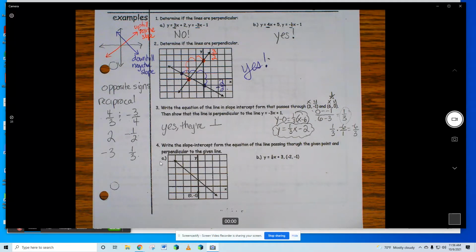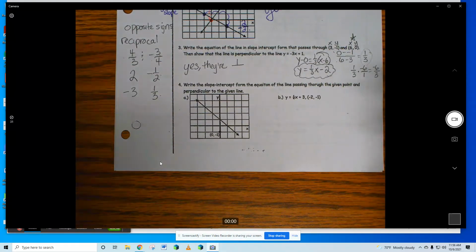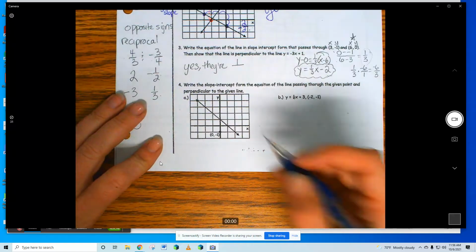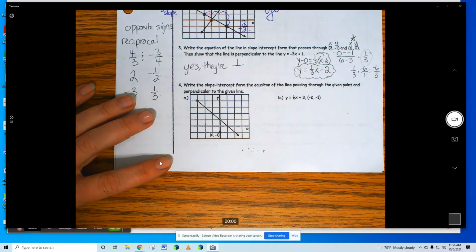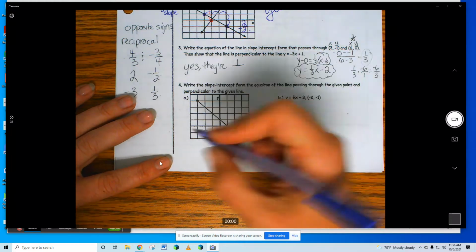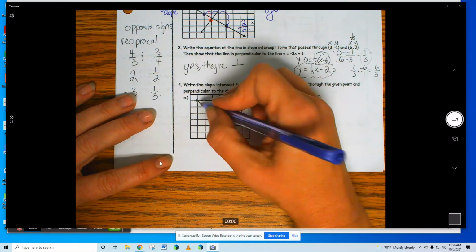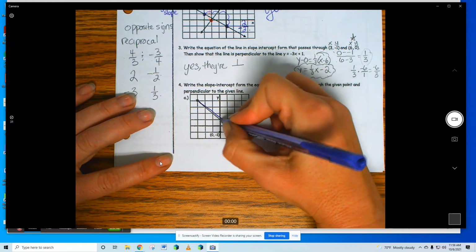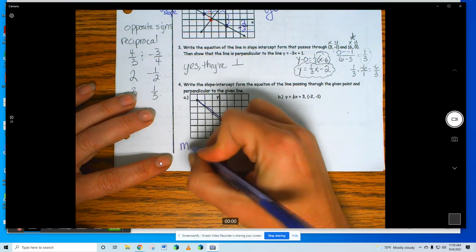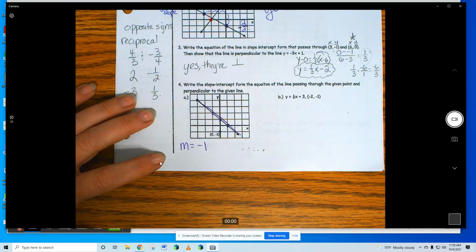Okay, this is the same type of thing. 4A and 4B. The perpendicular line, well, the slope, let's do the slope. Okay, purple line will be downhill. That slope is, oh, how easy. The slope is -1. I just counted it.